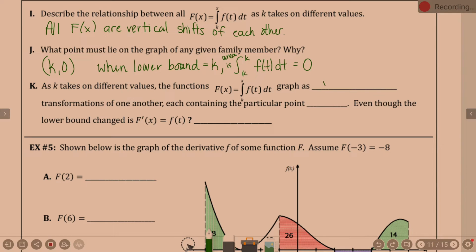Vertical shifts, vertical translations. So vertical transformations of one another, each containing the particular point. What did we just talk about? We're always going to have that point k comma 0. Even though the lower bound changed, f prime of x is equal to f of t.